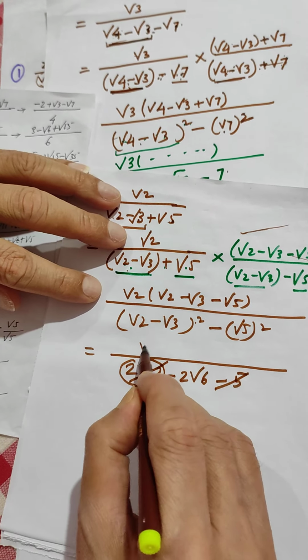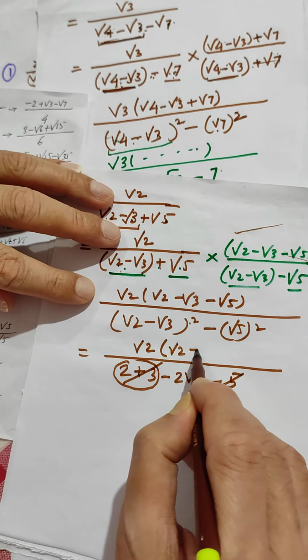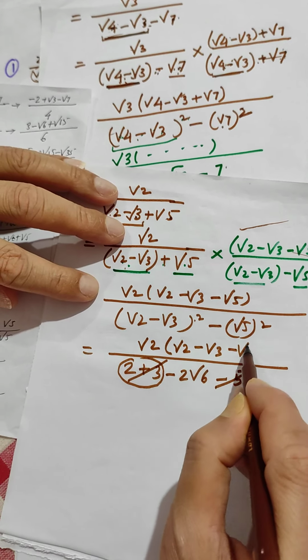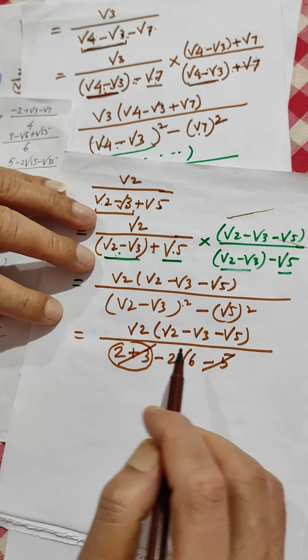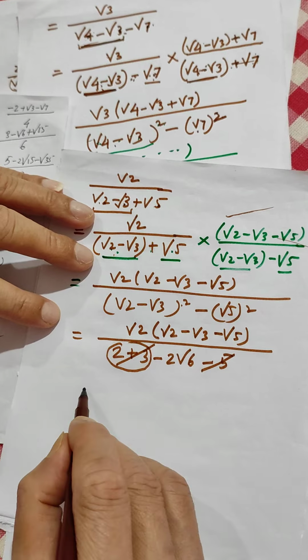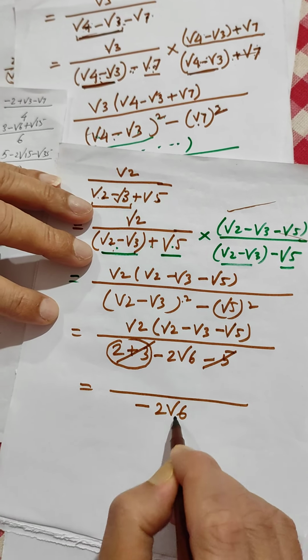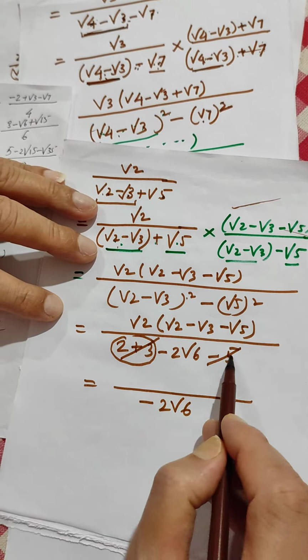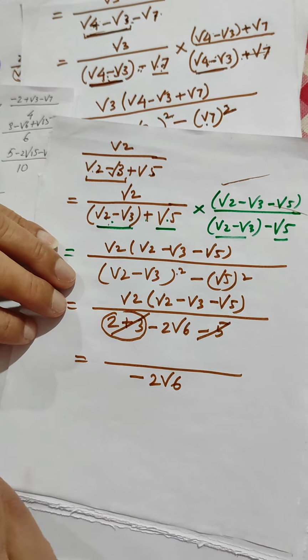So numerator is root 2, then within bracket root 2 minus root 3 minus root 5. So numerator remains unchanged. Now the denominator has become what? Only minus 2 root 6, because 2 plus 3 is 5, and this minus 5 cancels. This you should always be able to cancel. I follow?